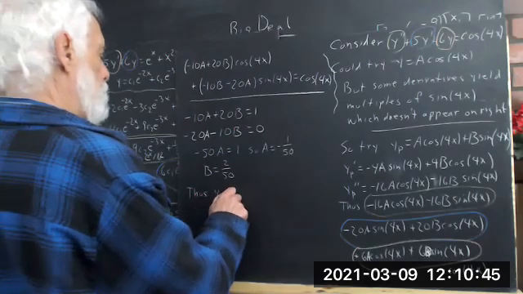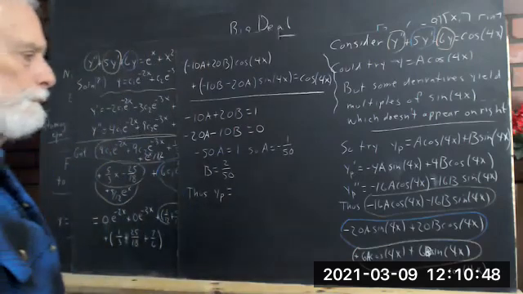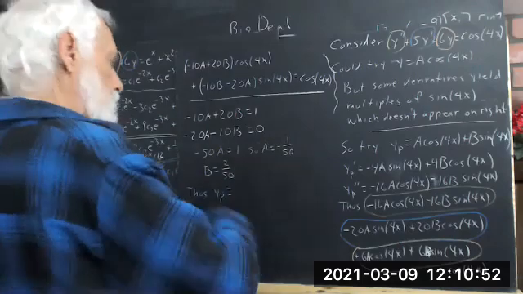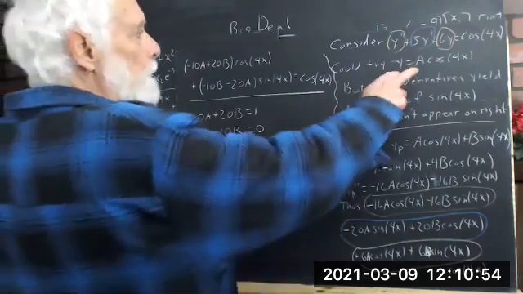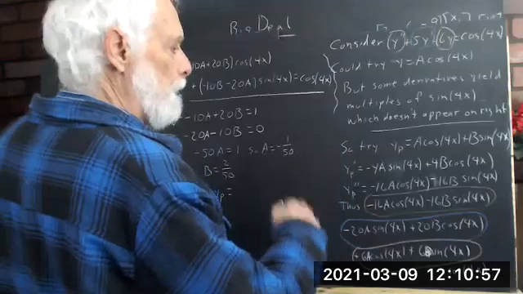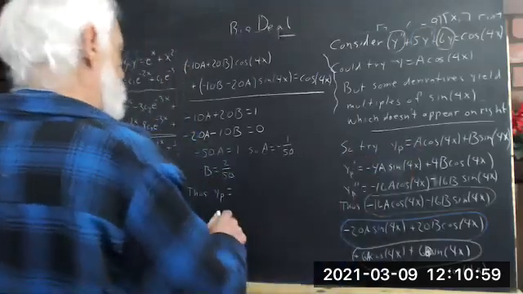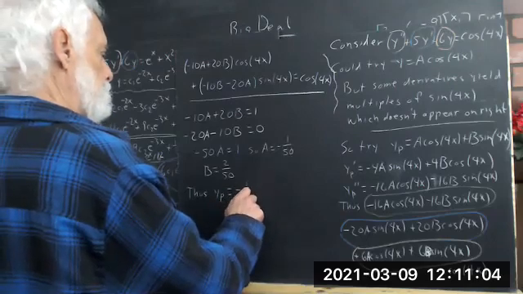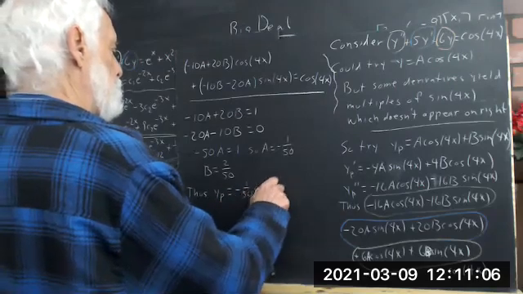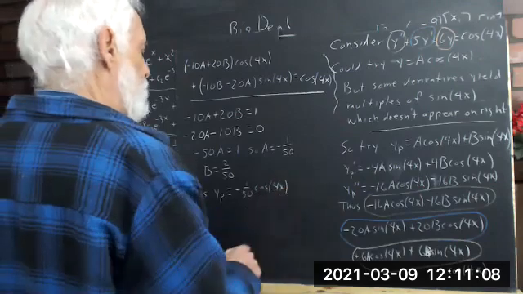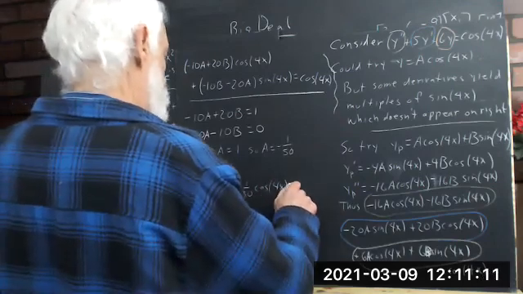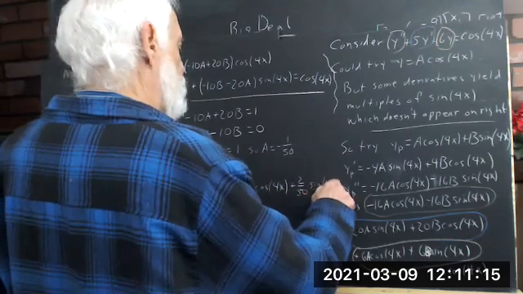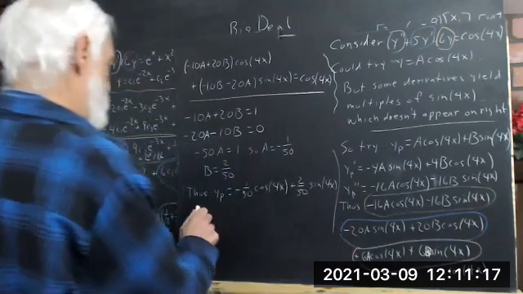So we have y_p equals, writing it carefully, a cosine of 4x plus 2/50 sine of 4x.